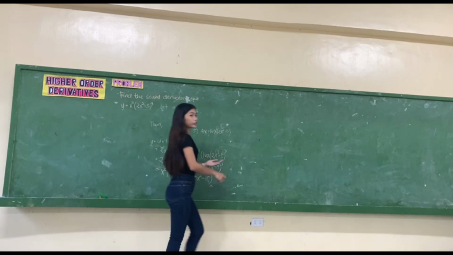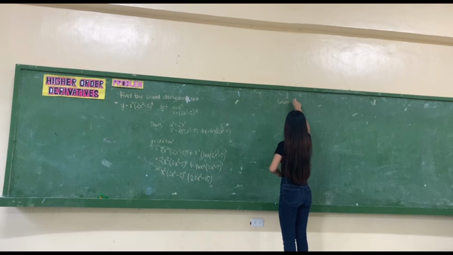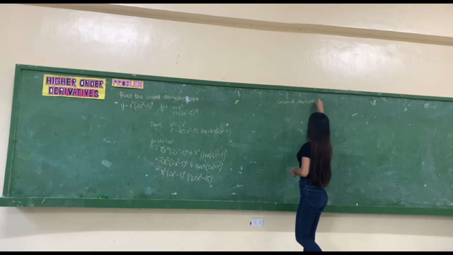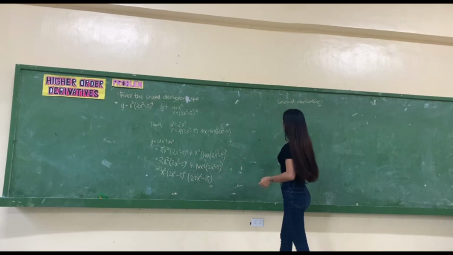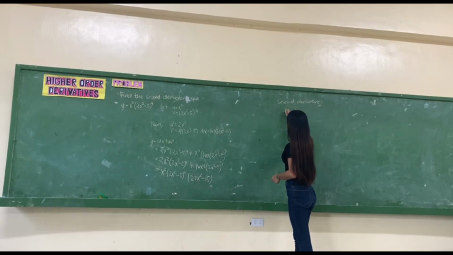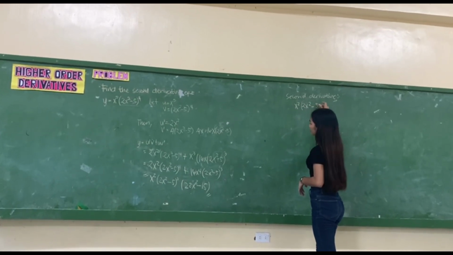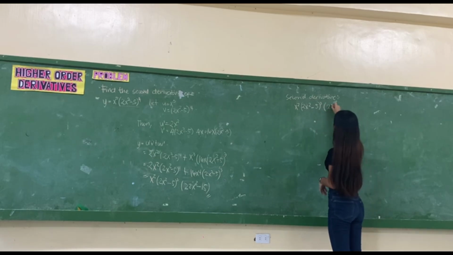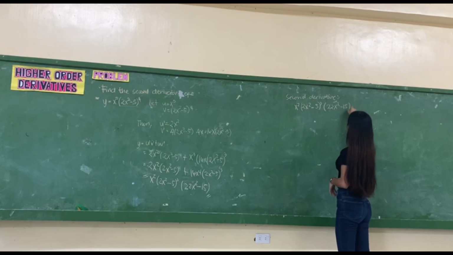And now let's proceed with our second derivative. For our second derivative, we will just differentiate our first derivative. So let's copy x squared times (2x squared minus 5) cubed times (22x squared minus 15).